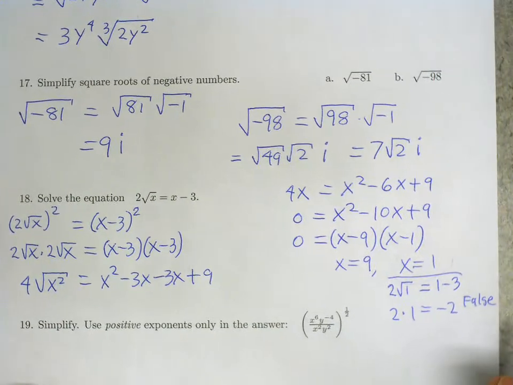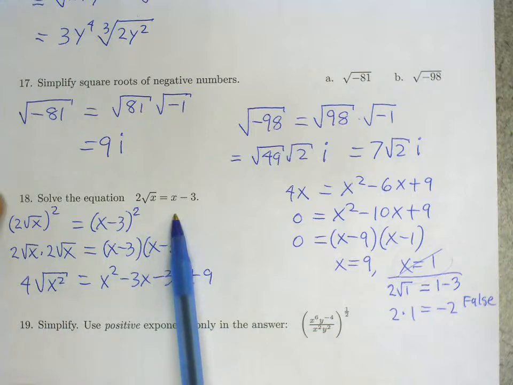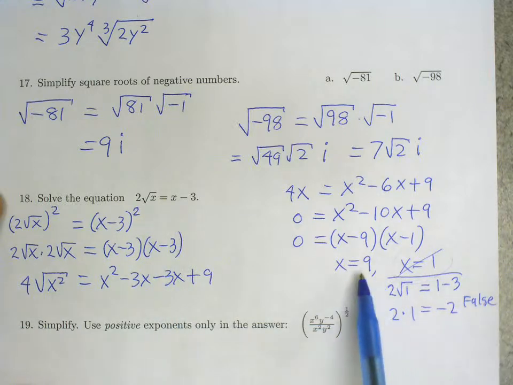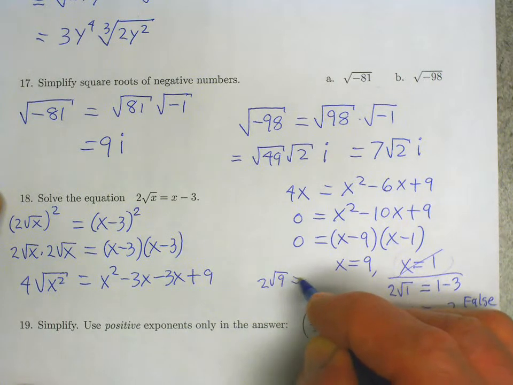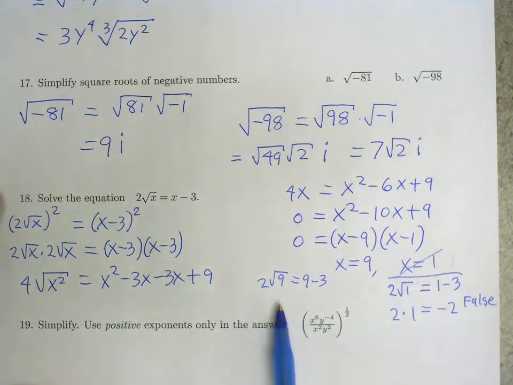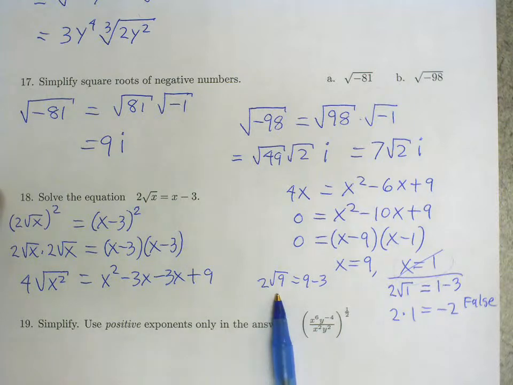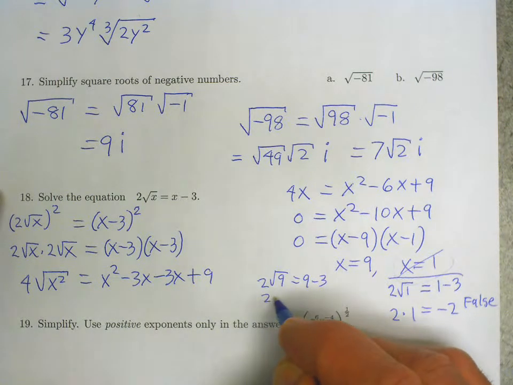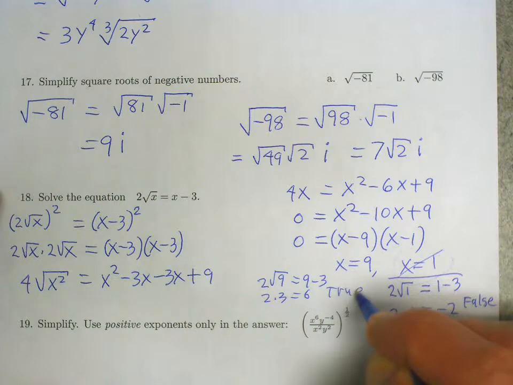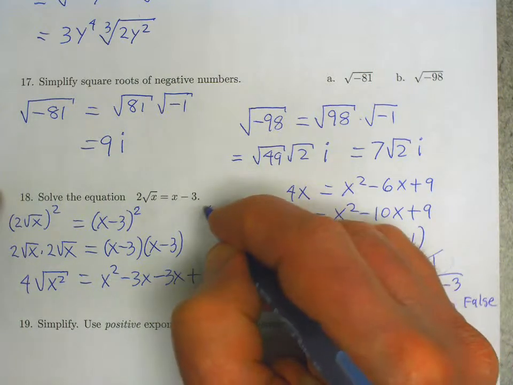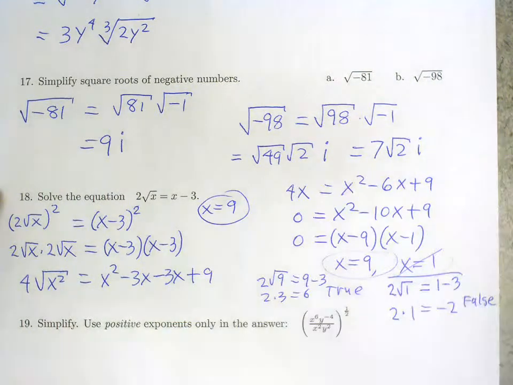That's false. So that means 1 is not a solution to that original equation. Then check x equals 9. We get 2 times the square root of 9 equals 9 minus 3. The principal square root of 9 is 3. So 2 times 3 equals 6. This one's true. So x equals 9 is the only solution.